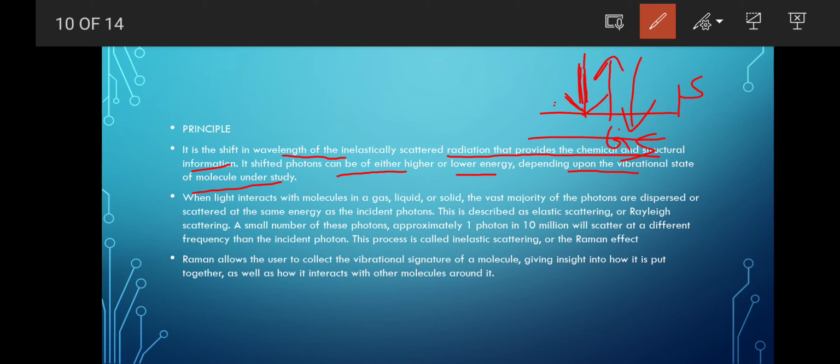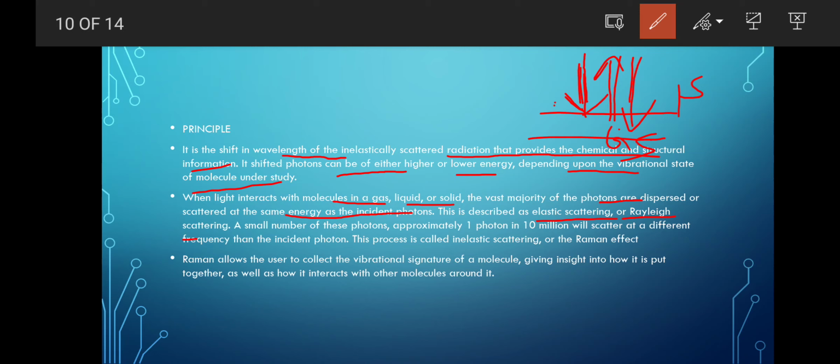When light interacts with a molecule in a gas, liquid or solid, the vast majority of the photons are scattered at the same energy as the incident photon. This is described as elastic scattering or Rayleigh scattering.